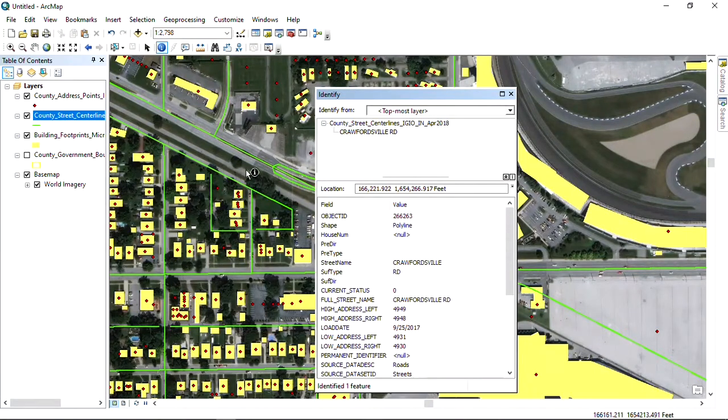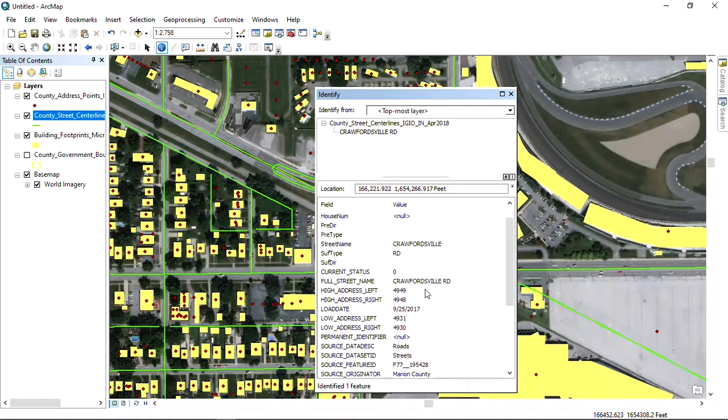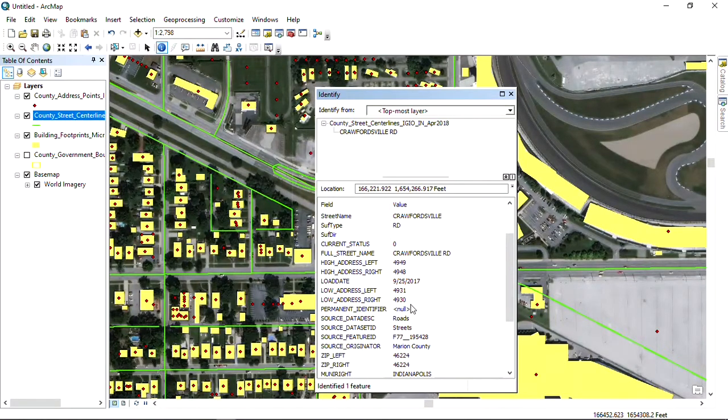So here we have added some non-spatial information as well. There's some geographic information, spatial characteristics. We also see spatial relationships. We see the left and right polygon situation as well.